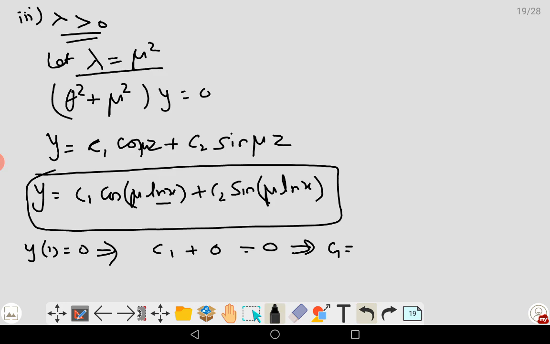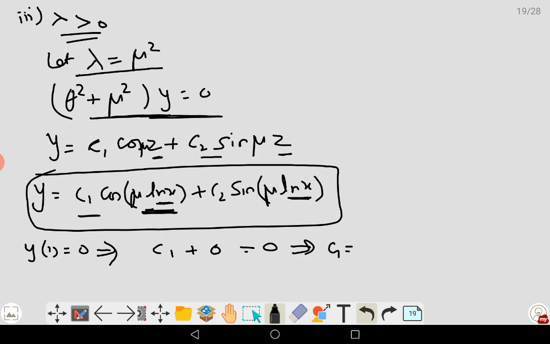Third case, lambda greater than 0. Now we take lambda equal to mu square. This is the form of the differential equation now. The general solution has been given here, c1 cosine mu z plus c2 sin mu z, and z should be converted into x, so c1 cosine mu ln x plus c2 sin mu ln x, z has been replaced, z is ln x, we know.